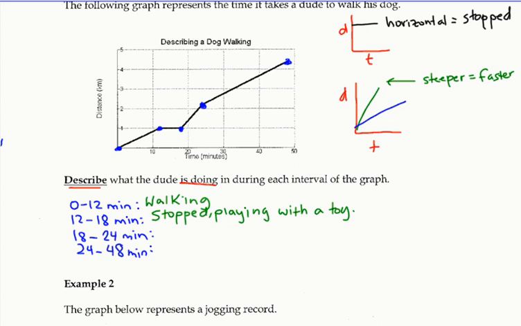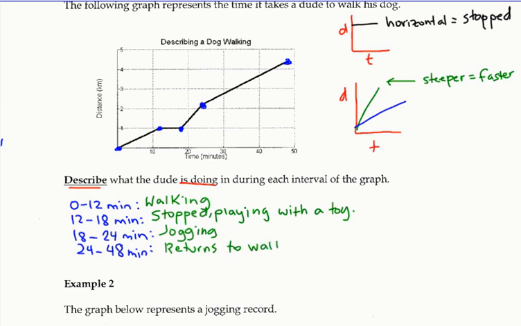Okay, 18 to 24 minutes. Is he moving the same speed or faster? Faster. So maybe he is jogging with the dog. Jogging, it's pronounced with a silent J. So he's jogging with the dog. And then after his 6-minute jog, he returns to walking the dog again.